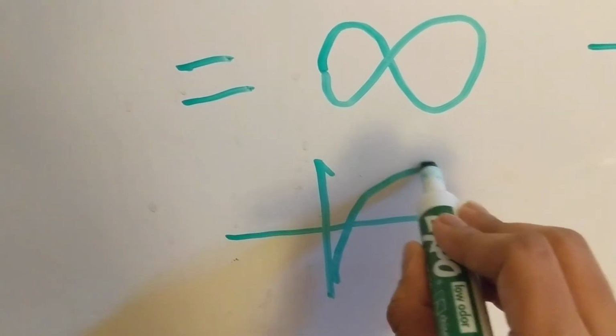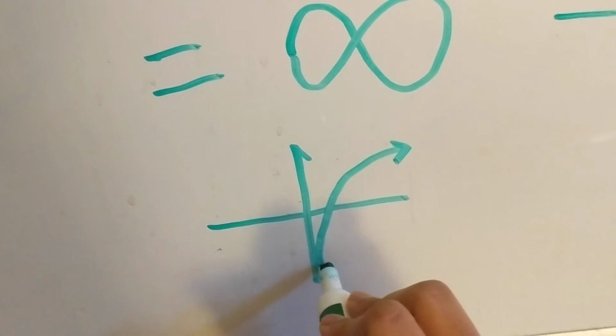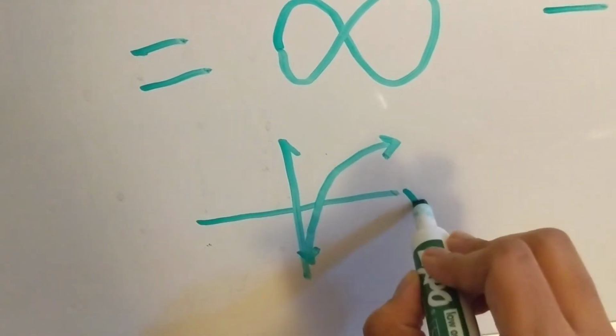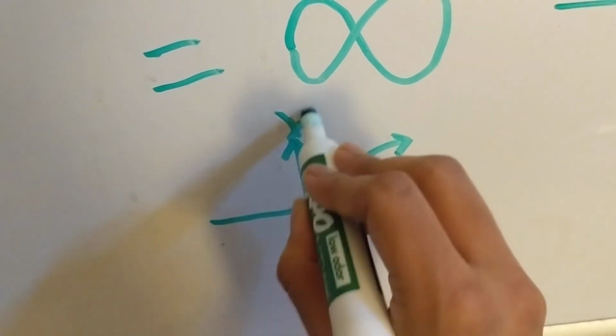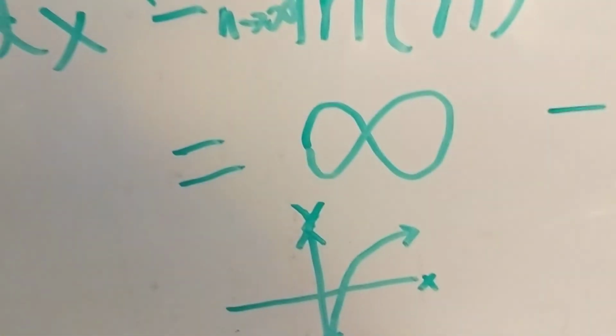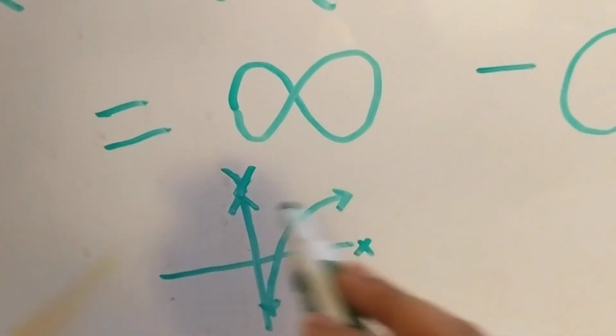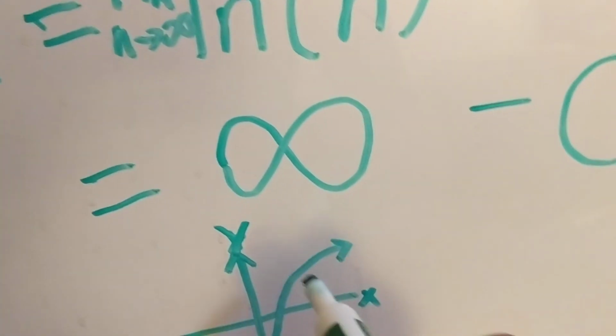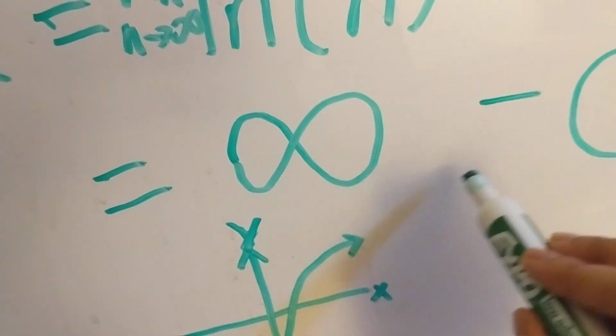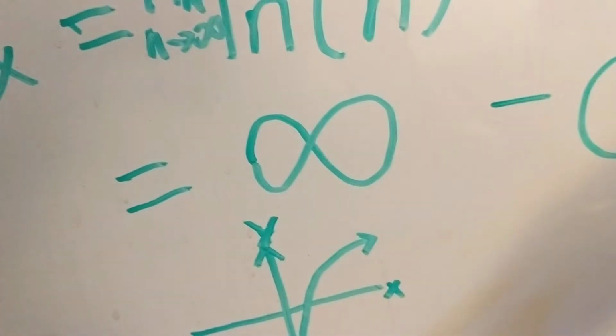It goes something like this. We've got x and y, and it goes to infinity because it keeps on going forever.